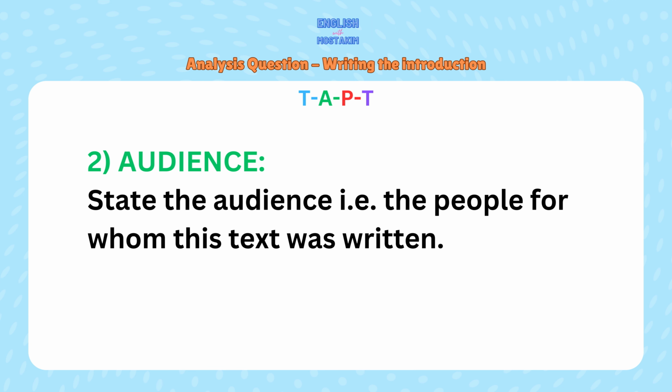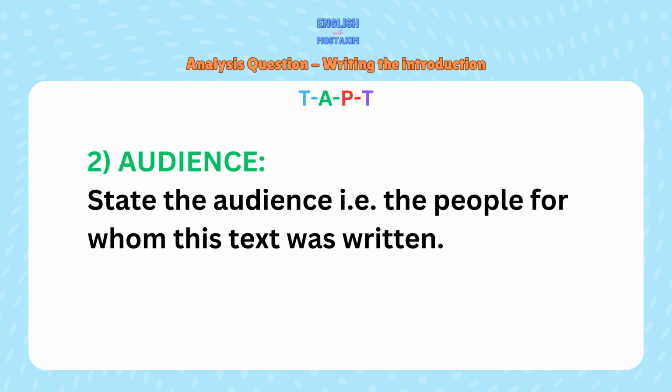For example, Game of Thrones, the TV series, or the book, is written for an adult audience, whereas Harry Potter can cater to people of a wide variety of ages.